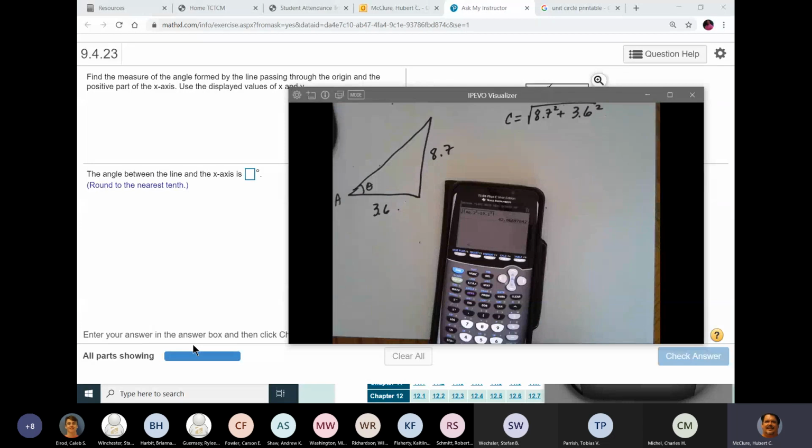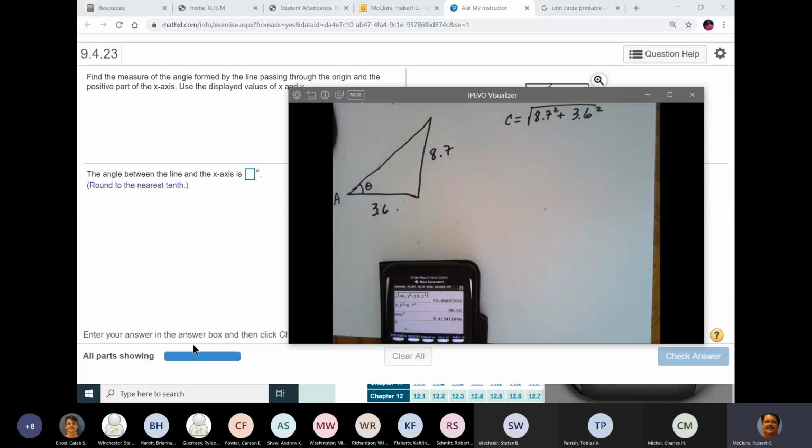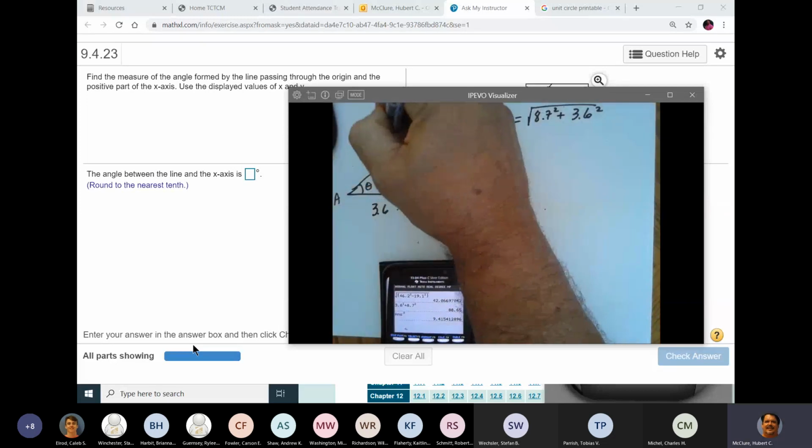So 3.6 squared, well, I can't type either. 3.6 squared plus 8.7 squared, equals, and raise that to the 0.5. I got 9.42, or 9.4. What'd y'all get?